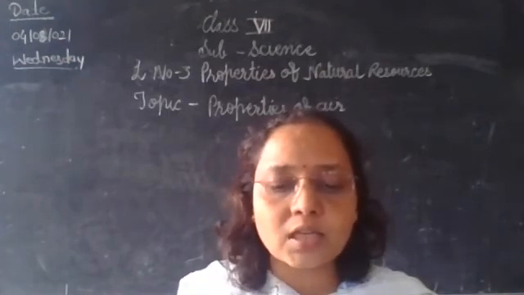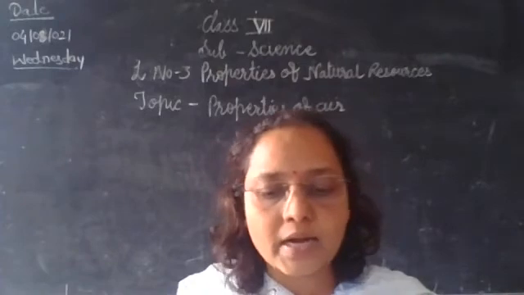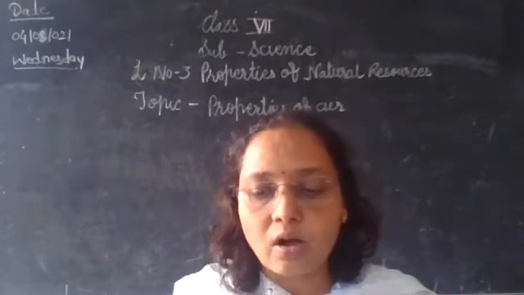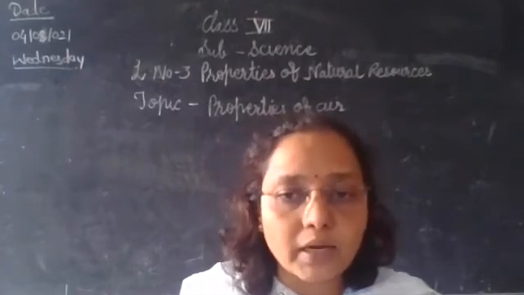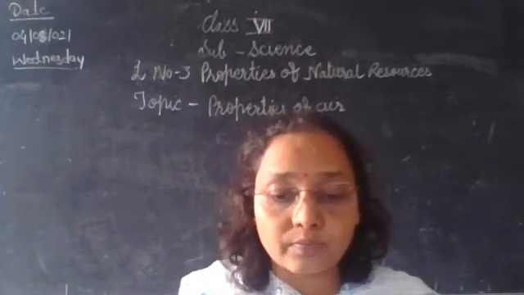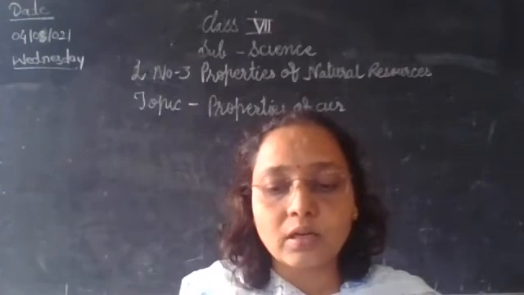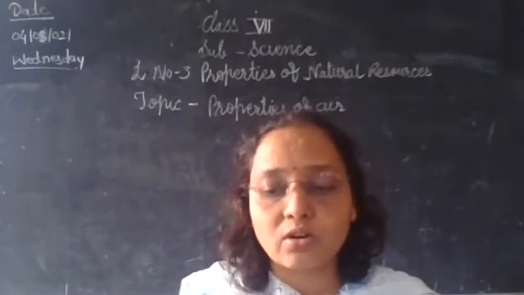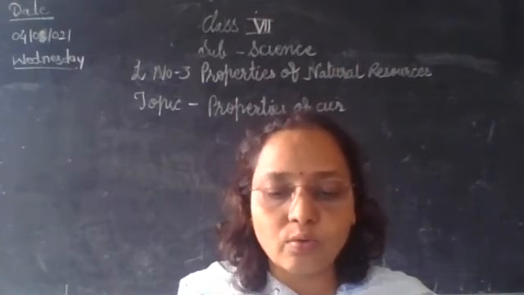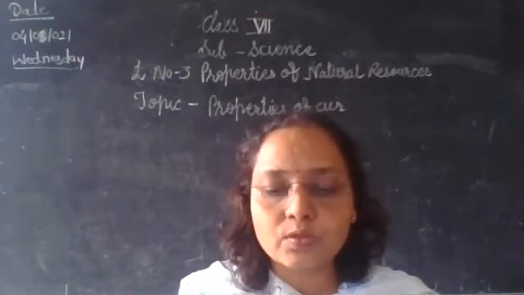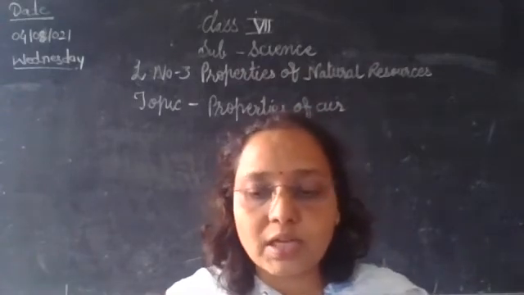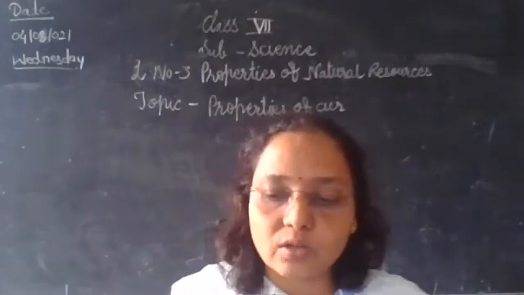As a result, the earth's surface remains warm and thereby becomes suitable for the living world. We know earth is a unique planet where life exists. If there were no air on the earth, the average temperature of the earth's surface would have been very low. So this is about temperature regulation. Air also works in temperature regulation.